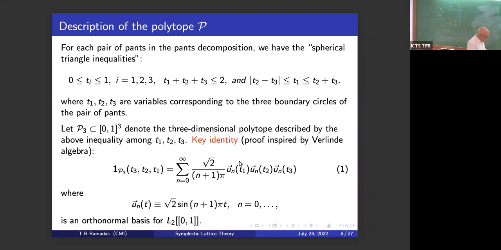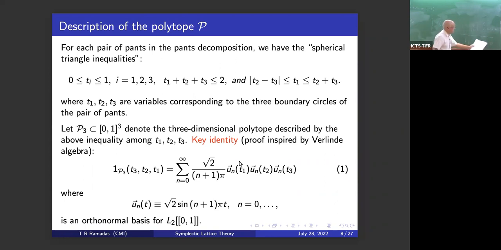So the upshot is that you get this thing equal to the integral of f of t, just believe me, (√2/π)^(2g-2) sin²t dt, divided by the integral of (√2/π)^(2g-2) sin²t dt.